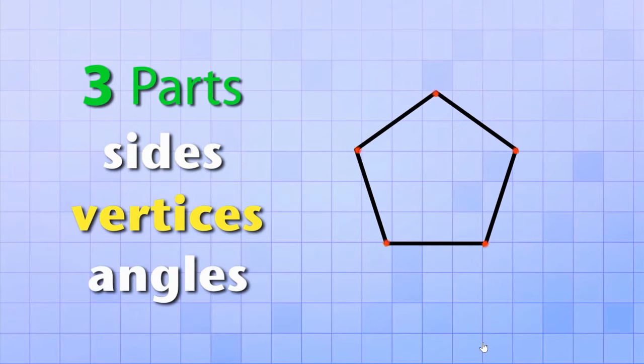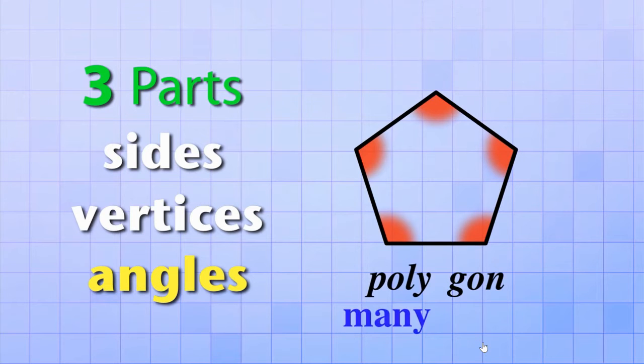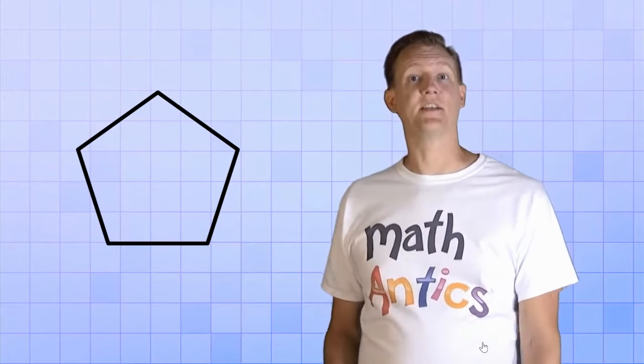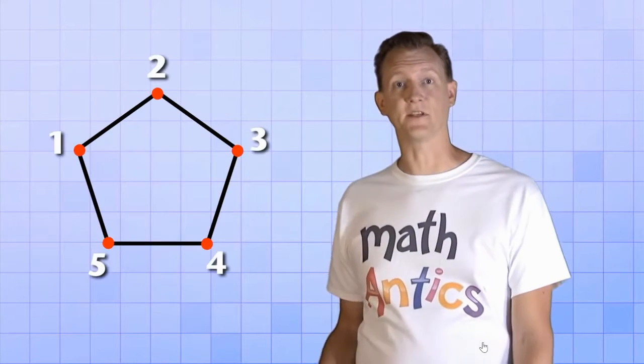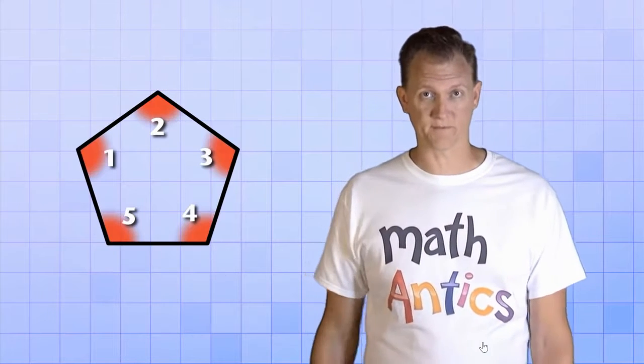And the vertices are the points where the sides intersect. And the angles are formed by the intersecting lines. In fact, in Greek, the word polygon literally means many angles. So all polygons have sides, vertices, and angles. This polygon here has 5 sides, 5 vertices, and it forms 5 angles.